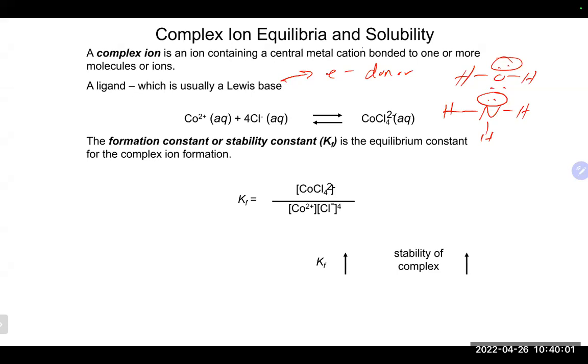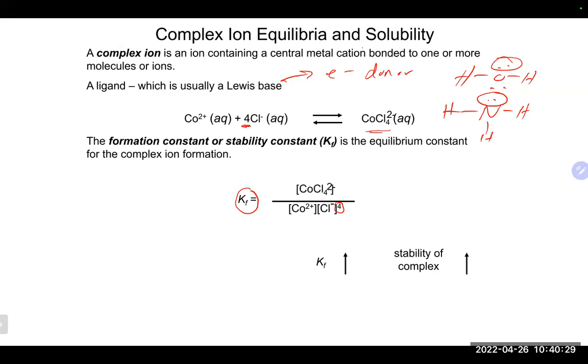So this is the formation of a complex ion, which is this one on this side. This is a cobalt with 4 chlorides attached to it. And we could write an equilibrium expression for this. This is what is known as Kf, and it's no different than any other equilibrium we've done before. It is our products over our reactants. We also need to take the coefficient there and make sure that we take it to the fourth.